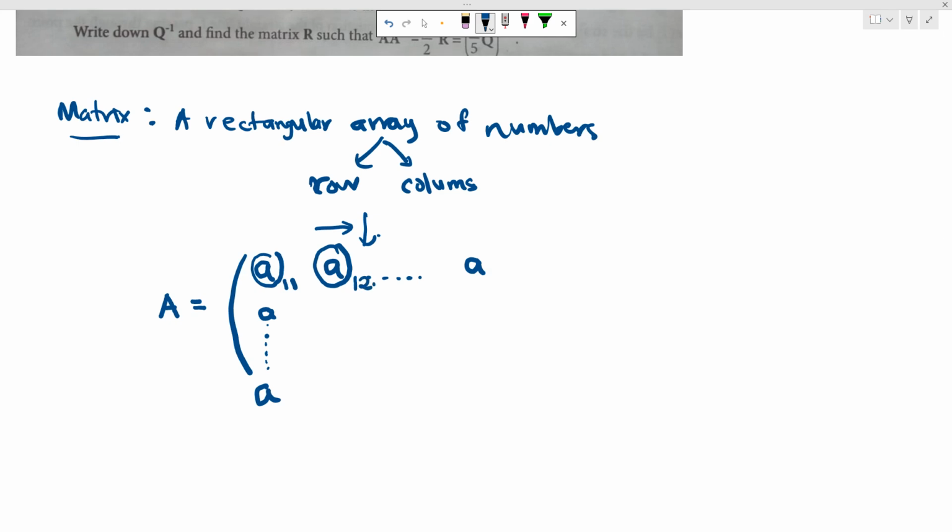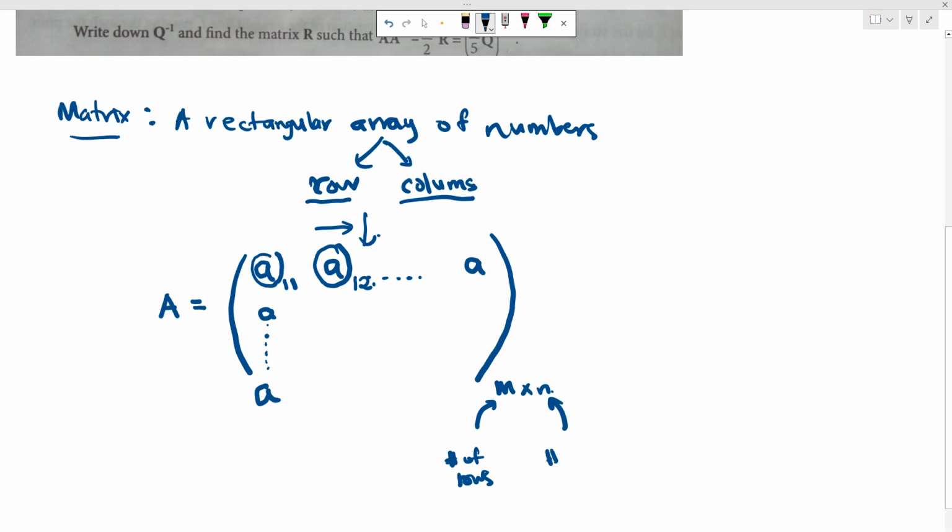Always in a matrix, when we name the entries, first we mention the number of the row it occupies and then the number of the column it occupies, right? Let's say the dimension of the matrix is m cross n. This m means number of rows and this n means number of columns.